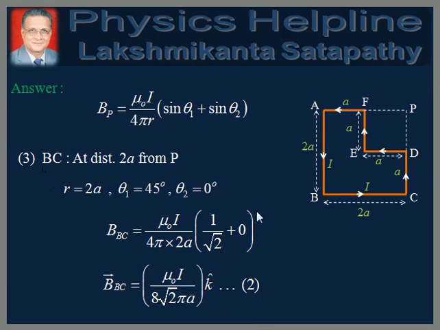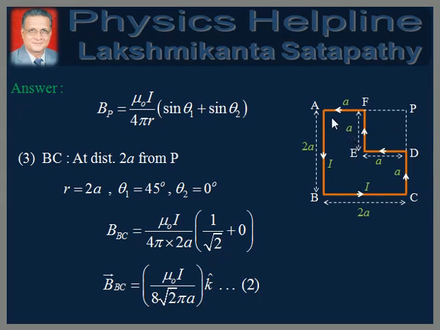Now, for the wire BC, the distance of point P from wire BC is also equal to 2a. PC is the distance from this wire and PC is equal to 2a.